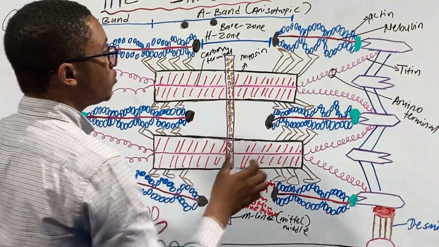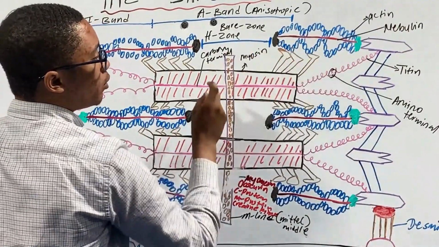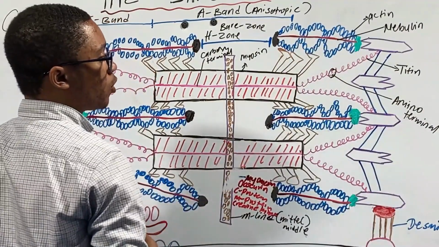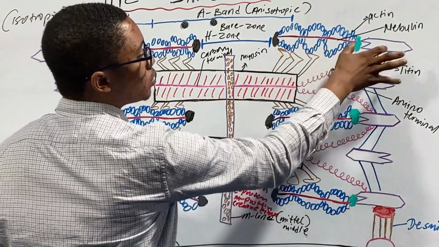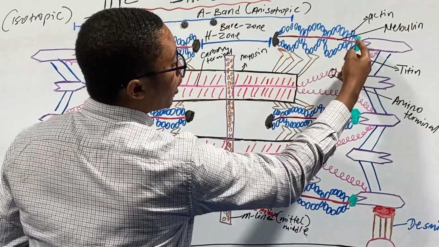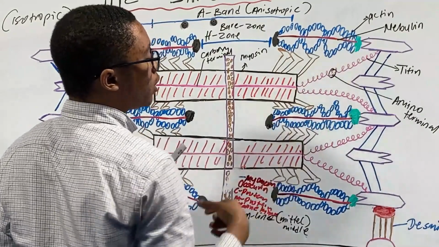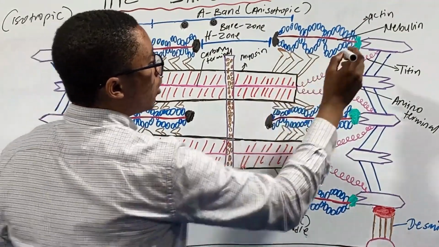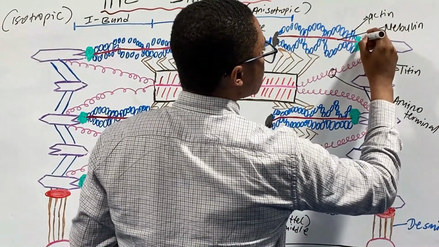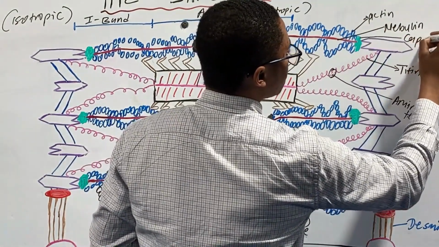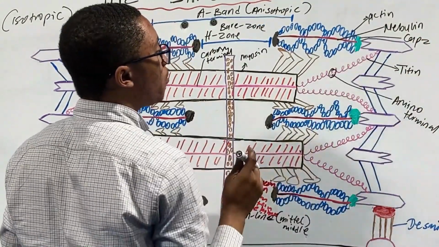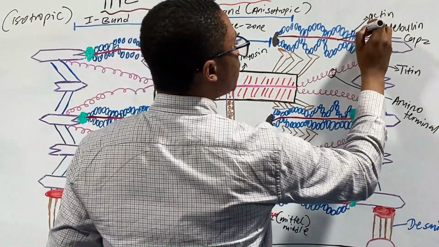Now looking at this nebulin, the nebulin also attaches this actin to the Z disc. Remember, this green colored protein here is known as CapZ. CapZ is a protein that covers up the positive end of the actin.